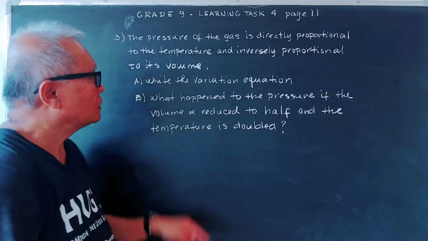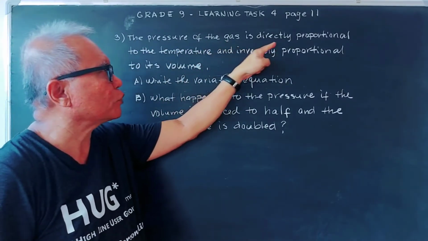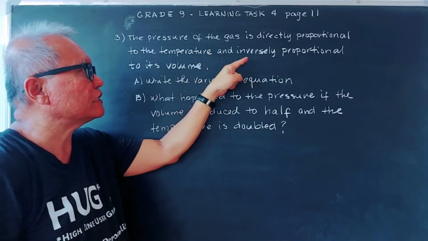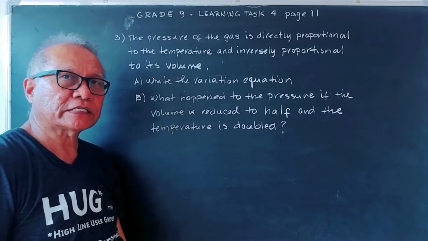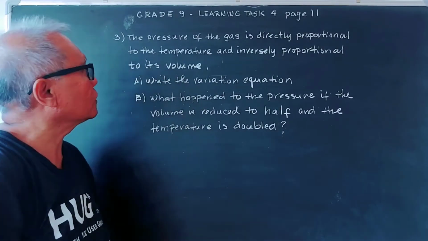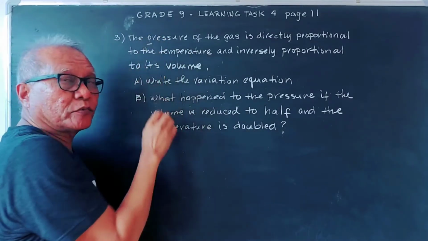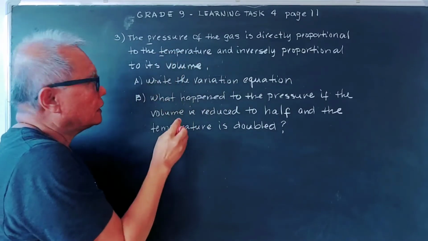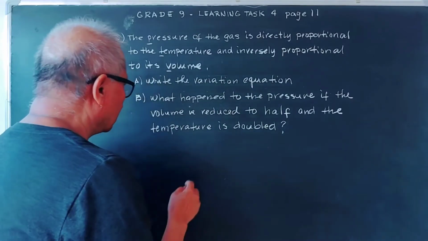Number 3, we have the pressure of the gas is directly proportional to the temperature and inversely proportional to its volume. So, ito ay isang combined variation. So, gawin nating letter P ang pressure. And then, yung temperature ay T at yung volume ay V. Okay.